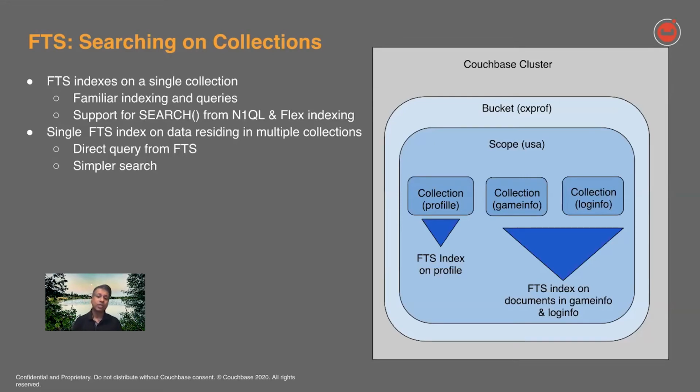That means when you search for a value within the FTS index, you will get answers with the documents both in the game info and log info. And of course, when you get the result, we'll also prefix the result with the specific collection name so that you know which collection specific results came from.